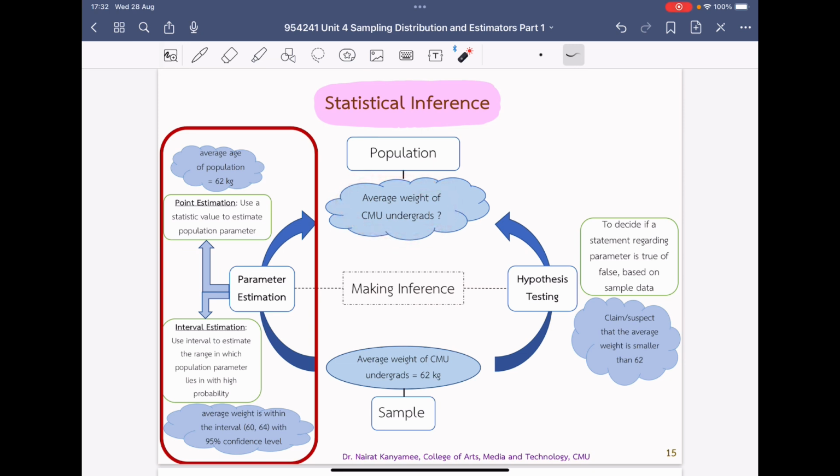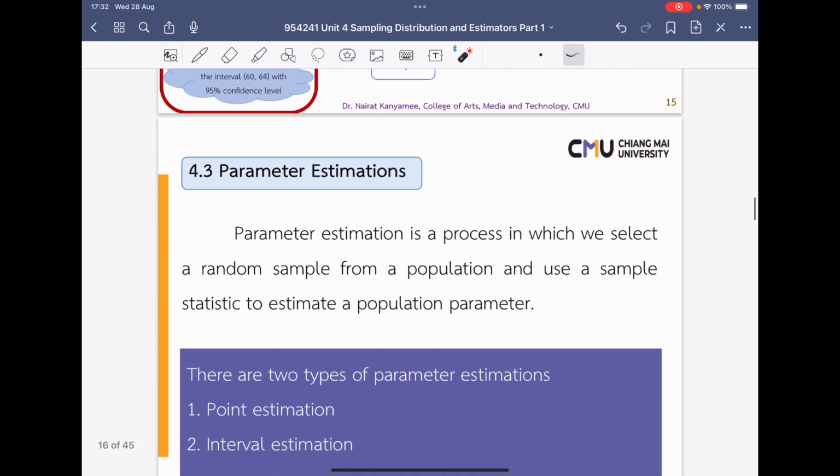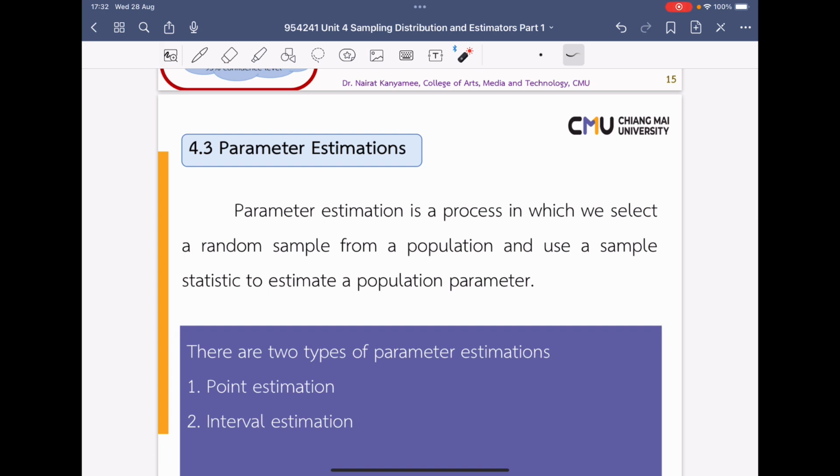By doing so, we take a sample out, and then we will make an estimation of the weight of the population. So in 4.3 we will talk about parameter estimations. It is a method to make an inference.